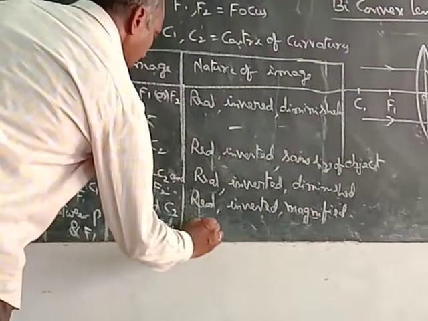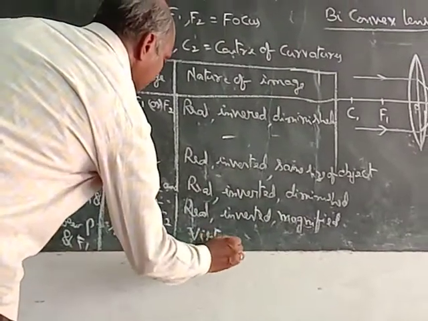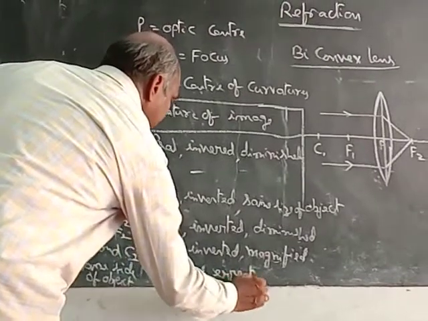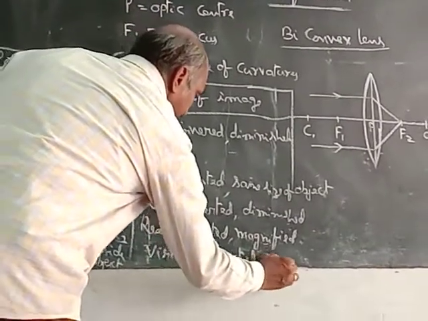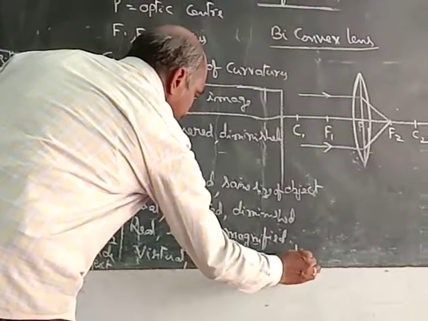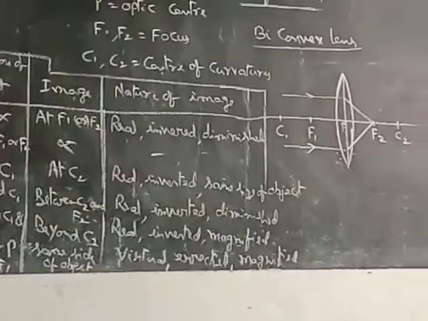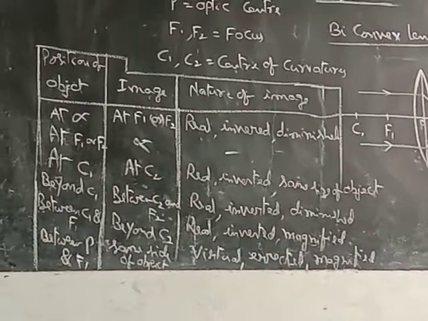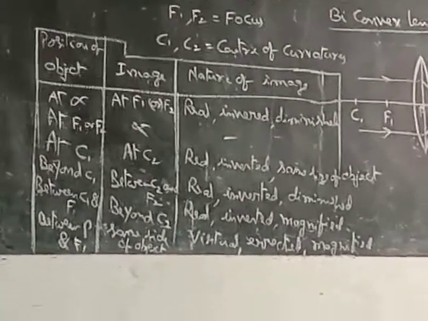Image is virtual, erect, magnified image is formed. These are the types of images formed by using biconvex lens or convex lens.